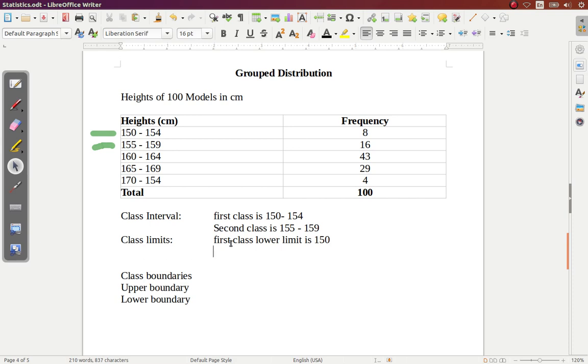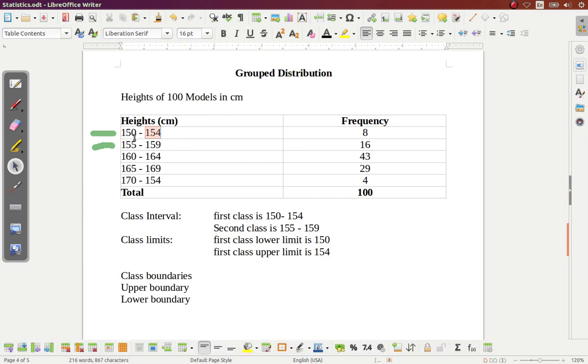Let's look at the first class again. Upper limit. The upper limit for the first class is 154. So you have lower limit 150, upper limit 154.